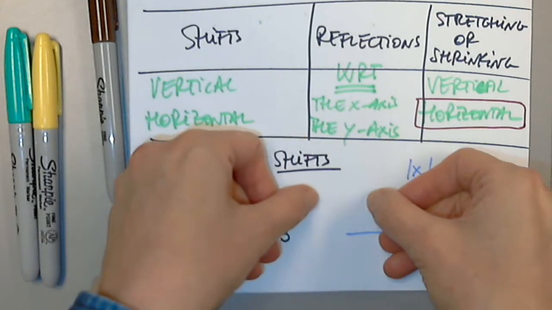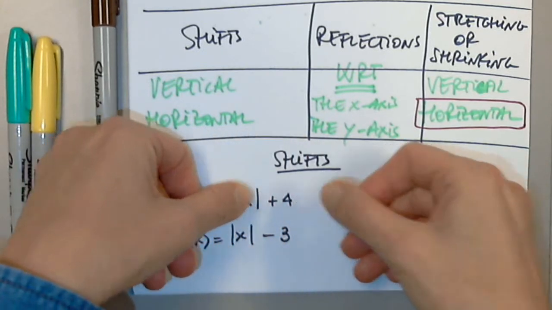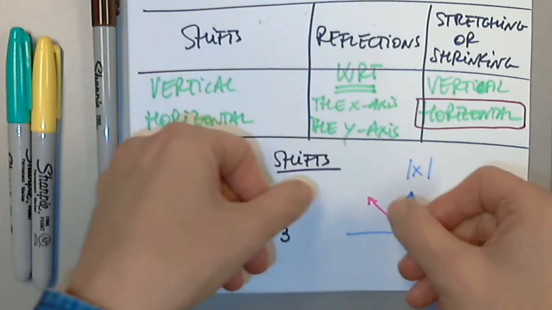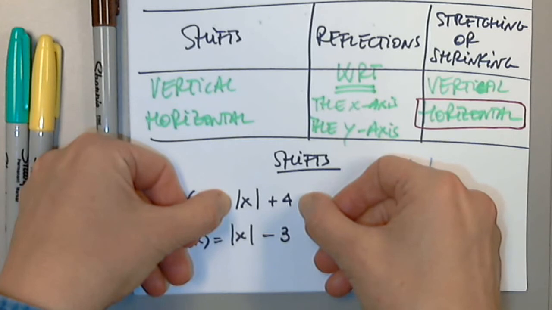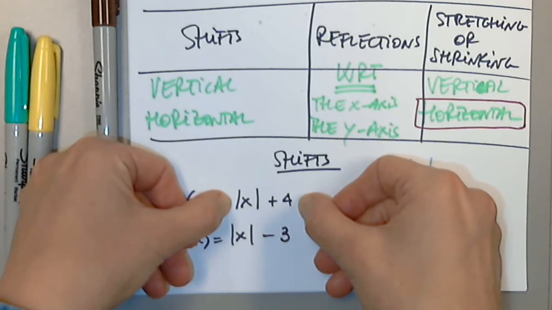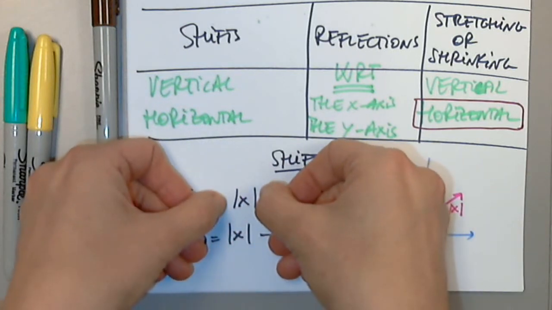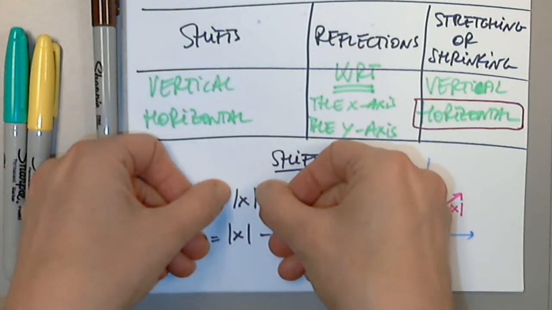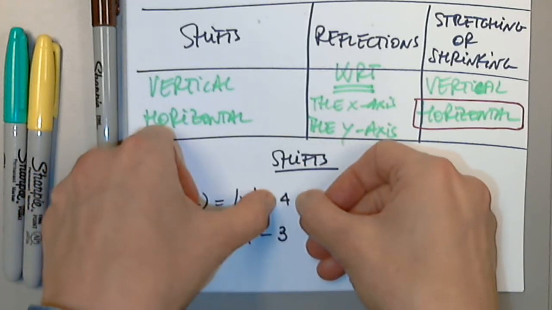And then I look at this, and I ask myself, from here to get this, am I changing x or am I changing y? Y. I am changing y. There is nothing different in the absolute value. It's just that to all these y values, I'm adding 4.